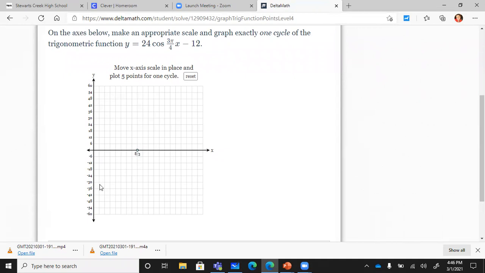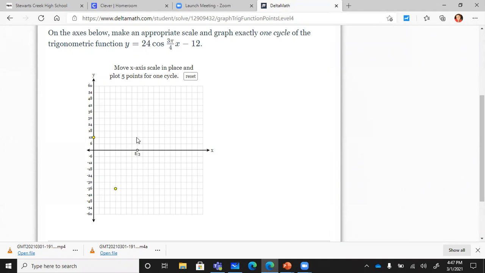So we're down at negative 12, and at negative 12, we're up 24. So negative 12 plus 24 is positive 12. And then halfway in between, from our new axis of negative 12, I'm down 24 units. So that's down here to negative 36.